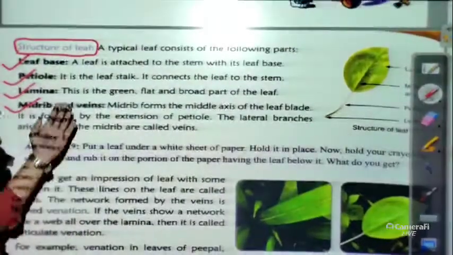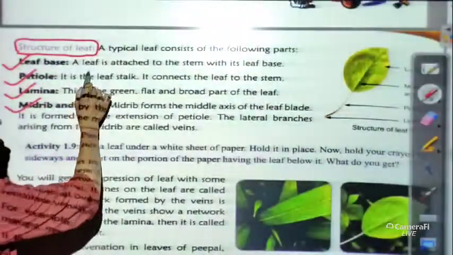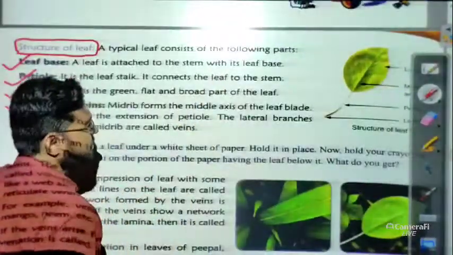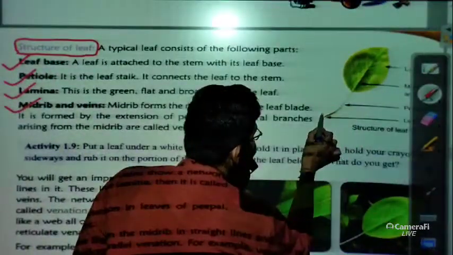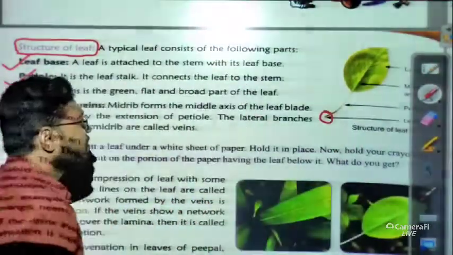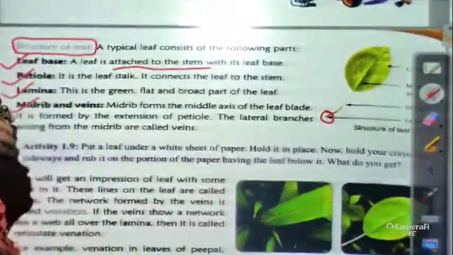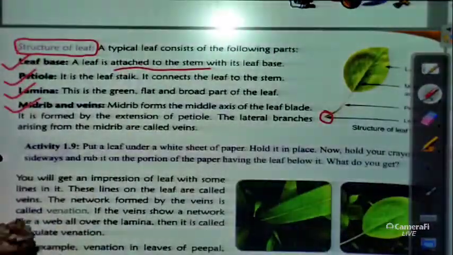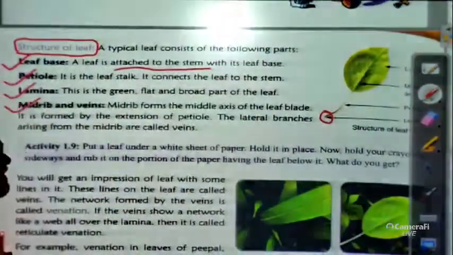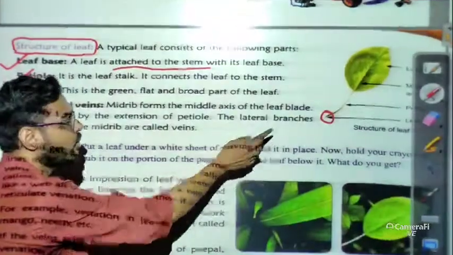First, the leaf base. A leaf is attached to the stem with its leaf base. Basically this part is the leaf base. The very end part which is attached to the stem we call the leaf base. You can see the picture here properly.